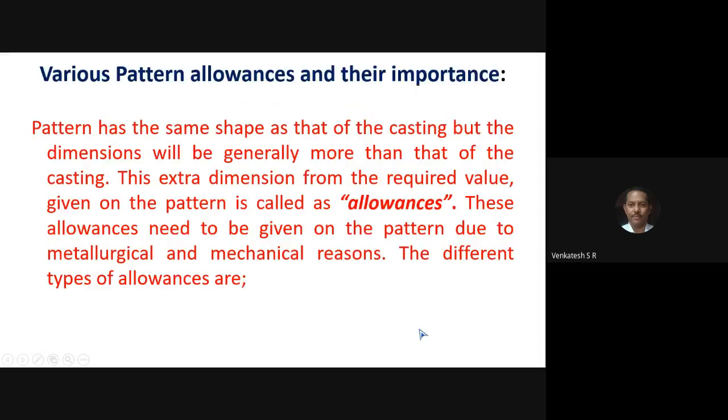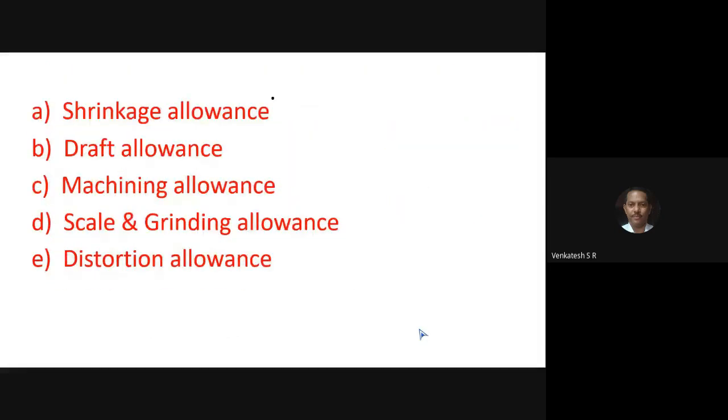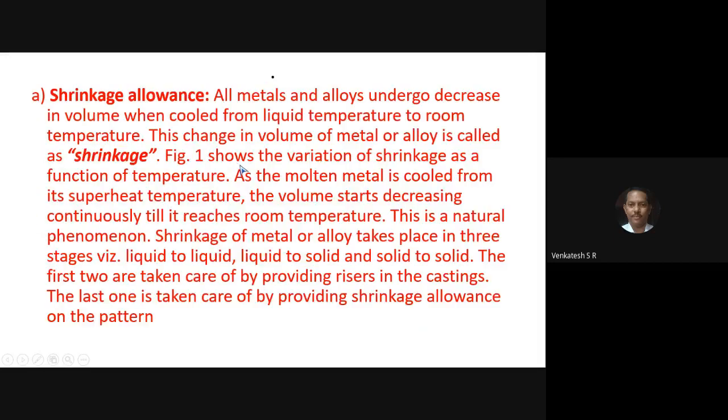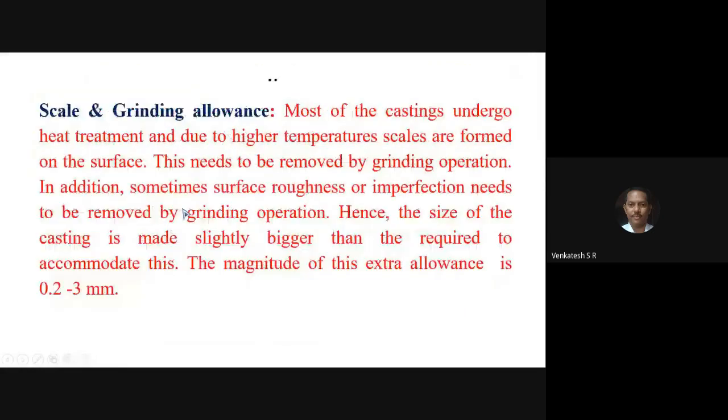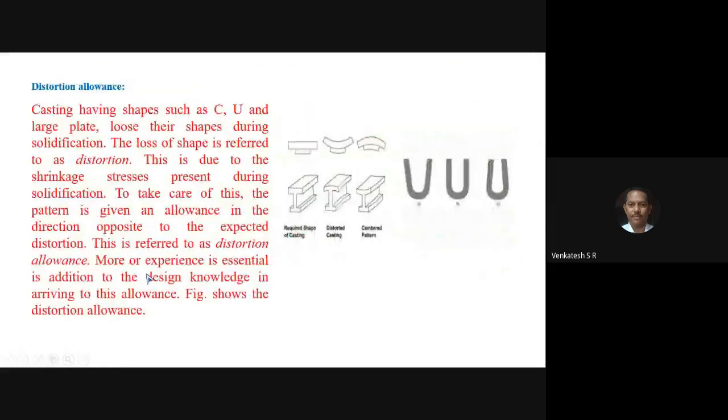In the examination, suppose you have this question, write down these five: shrinkage allowance, draft allowance, machining allowance, scale and grinding allowance, and distortion allowance. You have the explanation here. So this is the allowances for making of mold cavity using pattern.